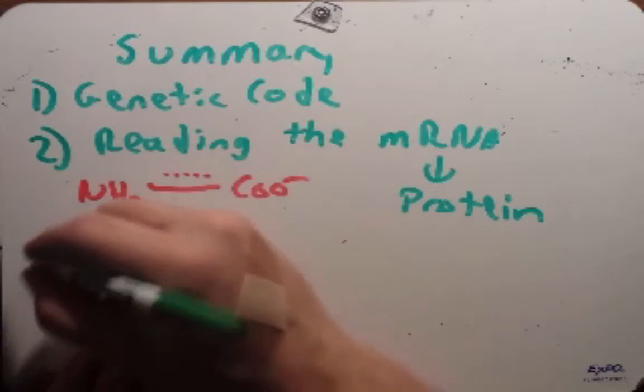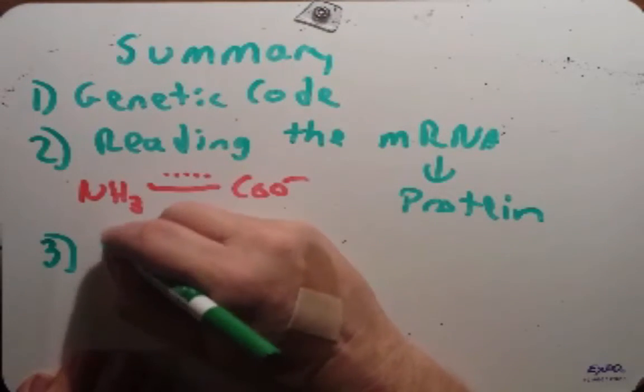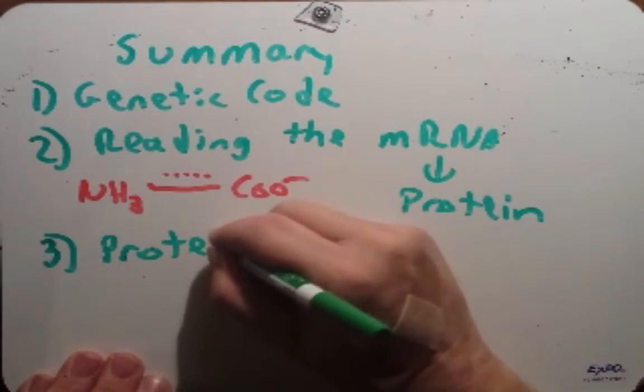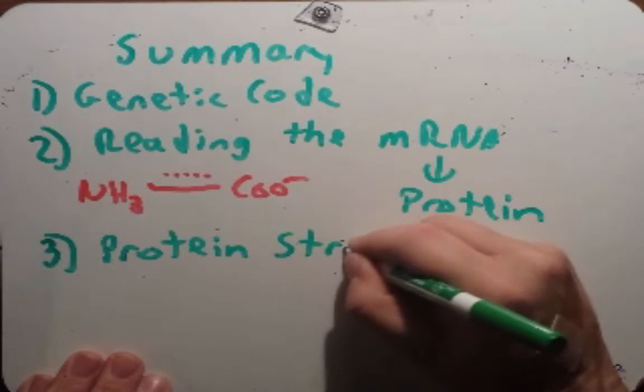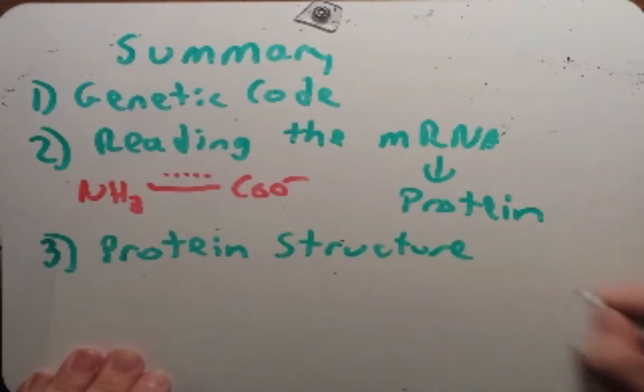Then we ended with talking about protein structure. We talked about the 4 different forms: primary, secondary, tertiary, and quaternary. You should know which ones exist in all proteins, or almost all proteins. You should know which kinds of chemical bonds characterize that particular level of protein folding.